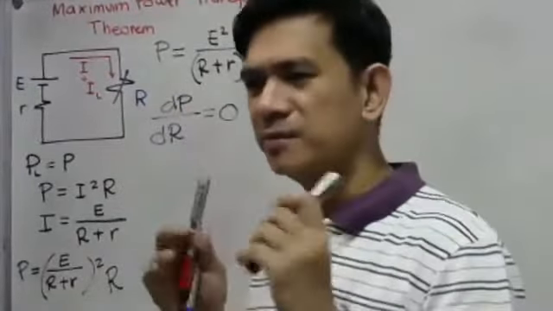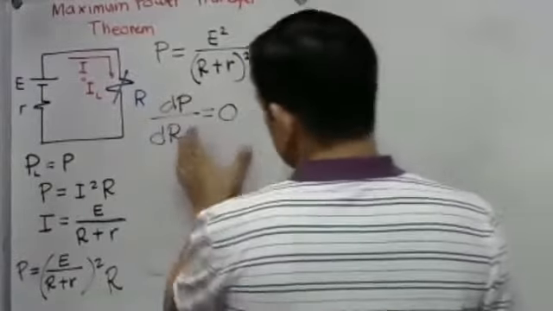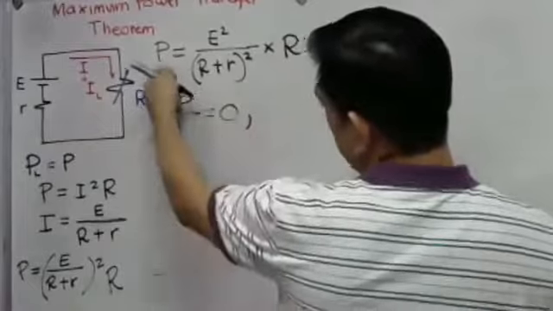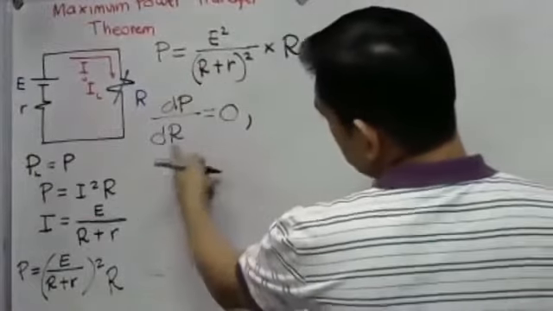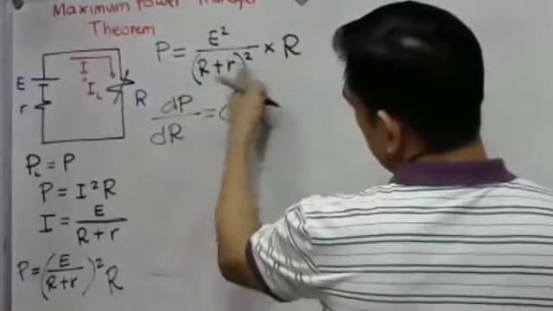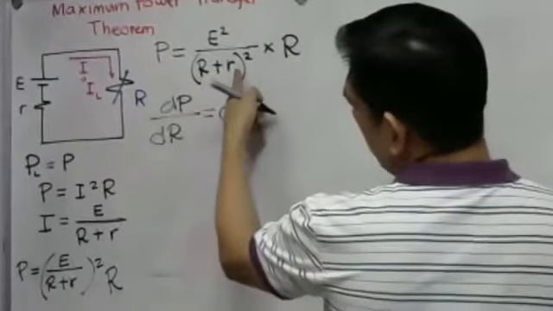This is a maxima-minima problem in differential calculus. So, let us simplify first our equation here. This is with respect to R, our variable R. So what will happen to the small r and to the E?